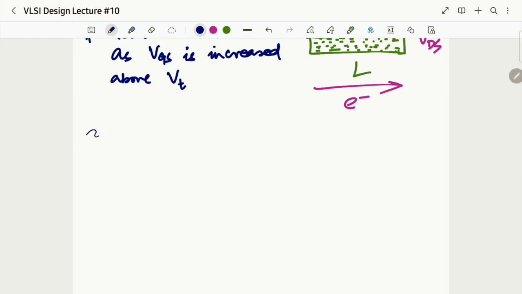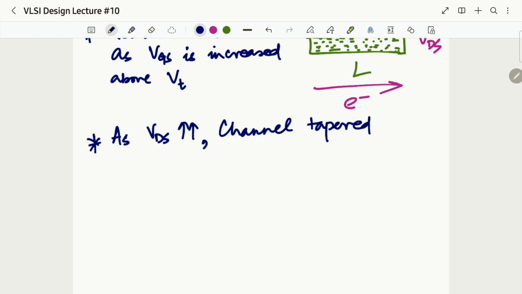Now, as VDS keeps on increasing, what happened? The channel tapered. Remember the channel tapering, channel length modulation, pinch off. So the channel tapered, and because of this the resistance increased at the drain end.